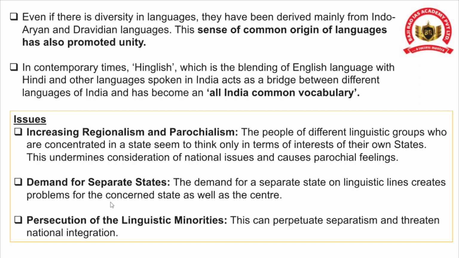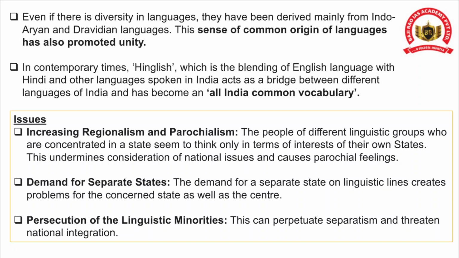For the concerned state, it will lead to regular protests, law and order problems, and disruption in the normal day-to-day activities of the people. So therefore, a demand for separate states on linguistic basis would be a challenge if language is increasingly emphasized.